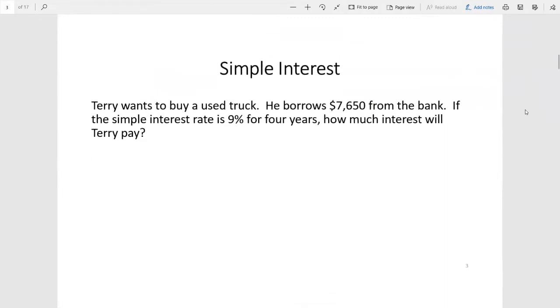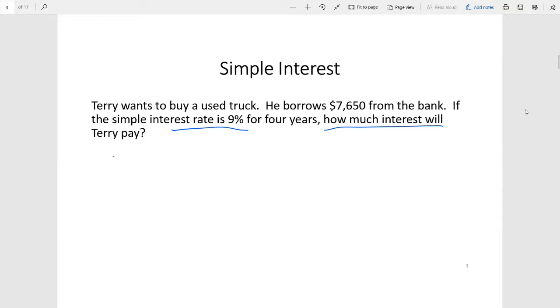Do a very simple example. Terry wants to buy a used truck. He borrows $7,650 from the bank. If the interest rate is 9% for 4 years, how much interest will he pay?